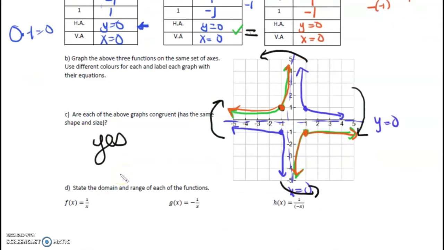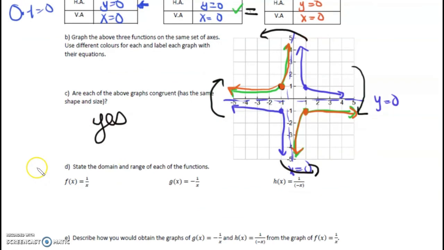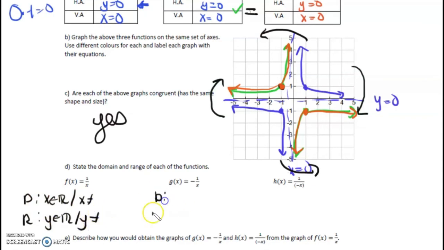And for the domain and ranges, I'm going to set up all of our domain and ranges the same way. Okay, this is how we set up the domain and range every single time for a rational function. x ∈ R such that x does not equal, y ∈ R such that y does not equal.